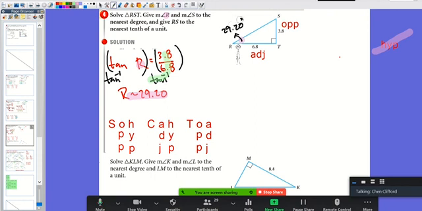If this is 29.20 and this is 90, you can use trig to find this green highlight right over here. S, you can use trig the same exact way. However, there's an easier way of doing it.